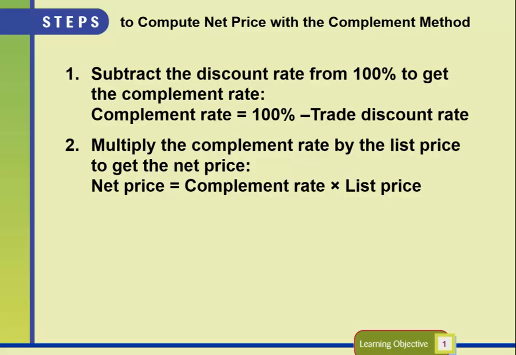We're then going to multiply that complement rate by the list price, which is going to give us the net price. So there's going to be two things that we have to calculate for this. First, the complement rate, and then using that complement rate, we'll then calculate the net price.